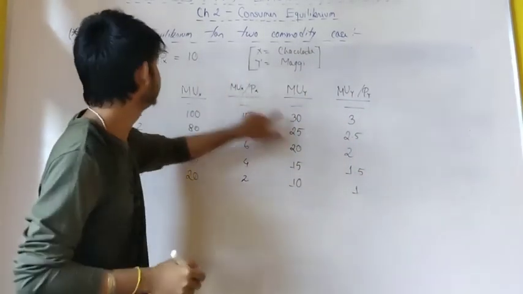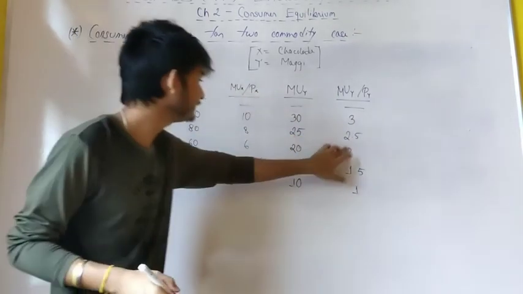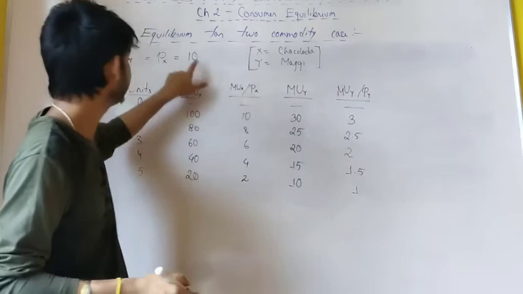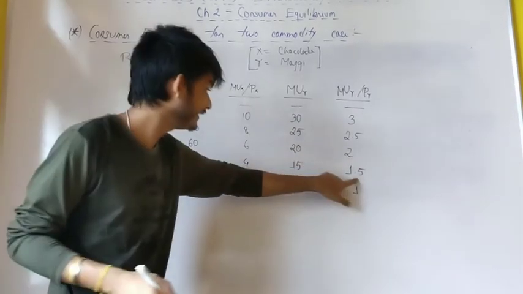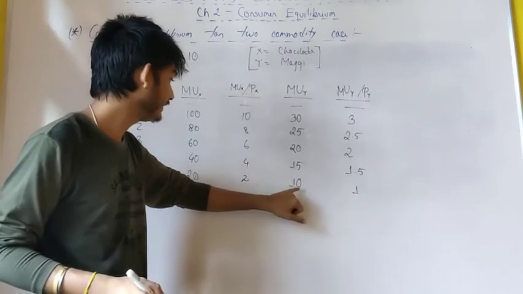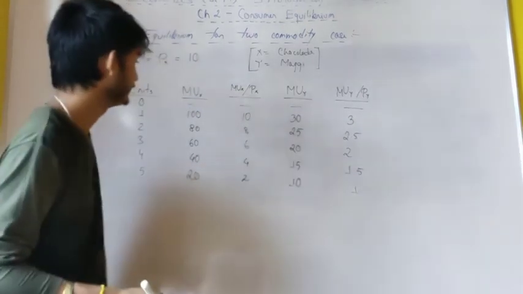So 30 divided by 10 is 3, 25 divided by 10 is 2.5, 20 divided by 10 is 2, 15 divided by 10 is 1.5, and 10 divided by 10 is 1.